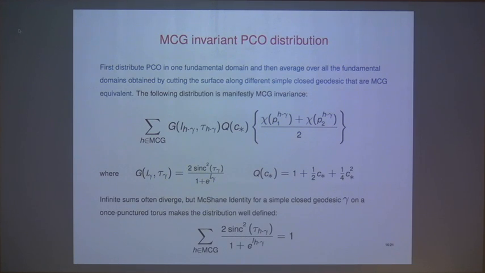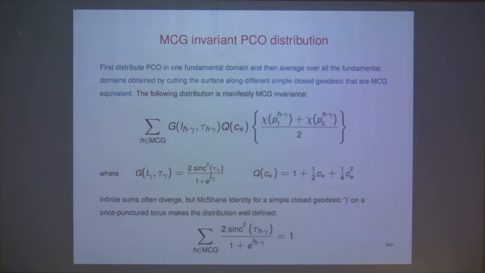What we can do is take one fundamental domain, distribute PCO on that, like we did for the thrice punctured sphere, and then consider an average over all the fundamental domains obtained by cutting the surface along all possible simple closed geodesics. And the point is that all these simple closed geodesics are related by mapping class group transformations.